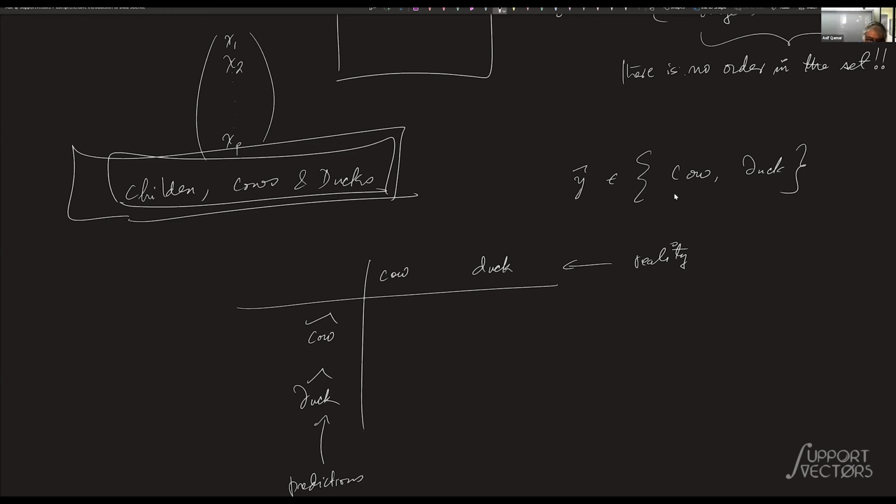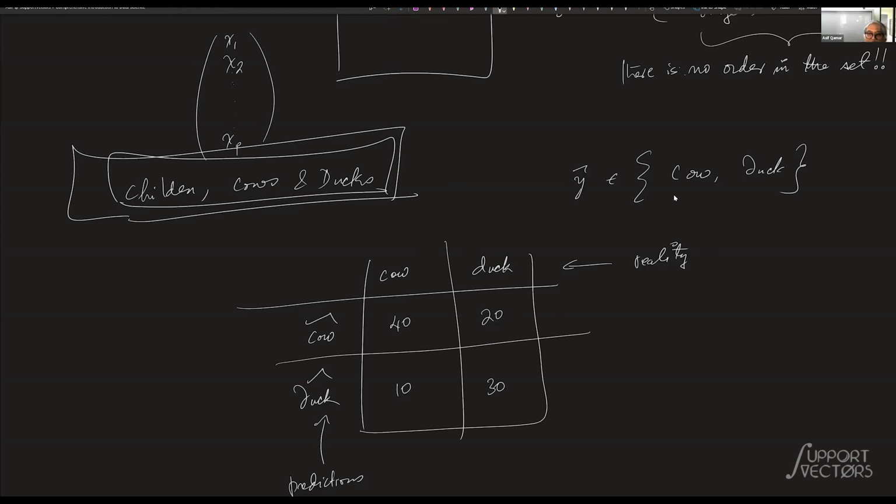And so of the cows, let us say 40 cows were correctly identified as cows and 10 cows were mistaken as ducks. Likewise, when it comes to ducks, it turns out that of the 50 ducks, 20 ducks were identified as cows and 30 ducks were correctly identified as ducks. Do you see this, guys?